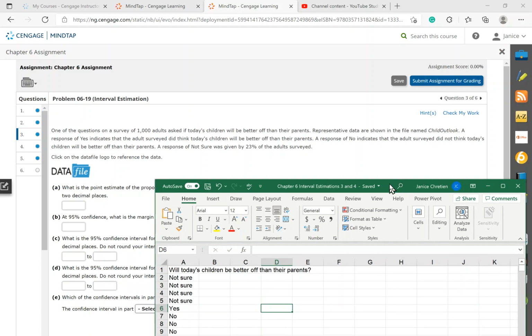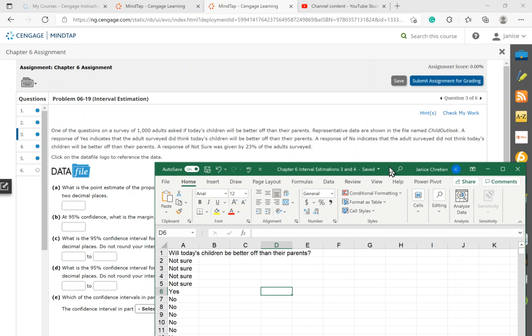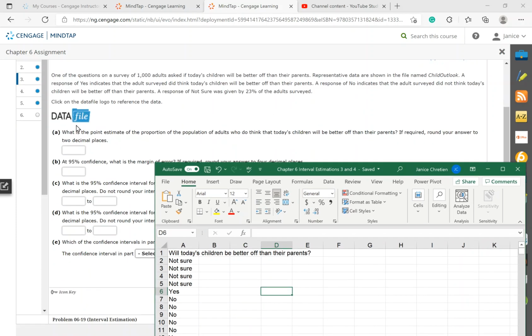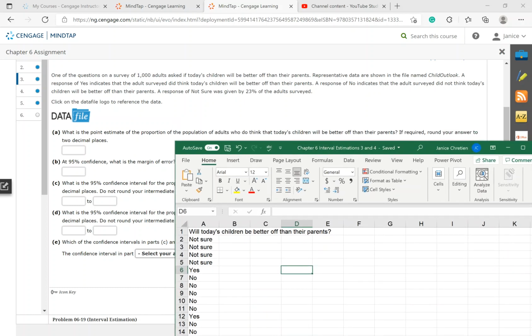And 23% of them said that they were not sure. So what is the point estimate of the proportion of adults who think that today's children will be better off than their parents? And remember to always watch how many decimals it wants you to round your answer to, because it changes often.